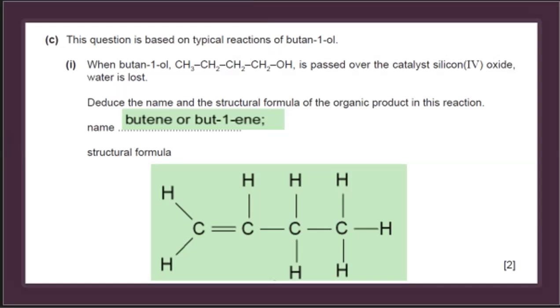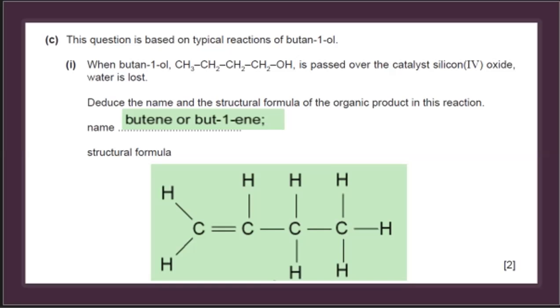All right, part C. This question is based on typical reactions of butan-1-ol. When butan-1-ol, CH3CH2CH2CH2OH, is passed over the catalyst silicon(IV) oxide, water is lost. Now, if we remember, if we take an alkene and we add water to it, it gives us an alcohol.